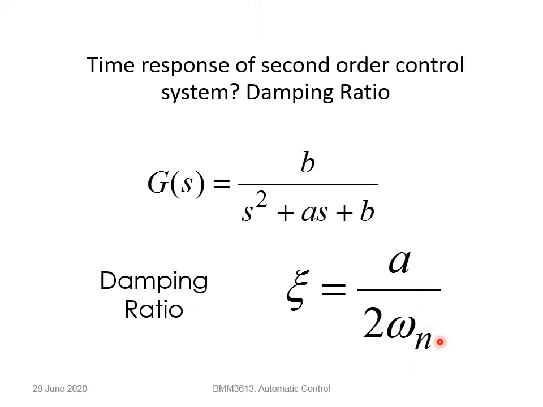And omega n, again, if I ask you what is omega n, omega n is the square root of b. So those are the definitions of natural frequency and damping ratio, and we've also shown you how to calculate and identify both natural frequency and damping ratio in a generic transfer function of a system written in this general form.